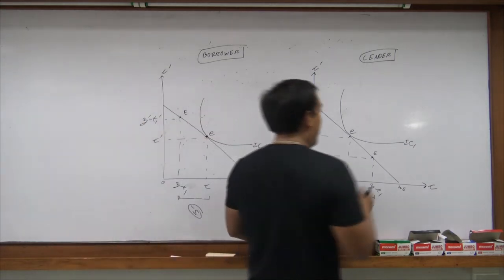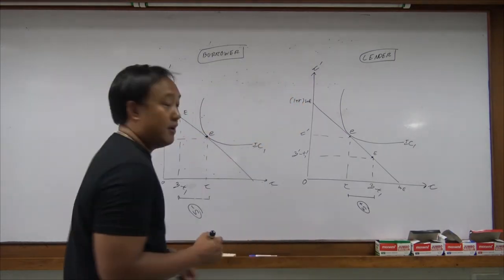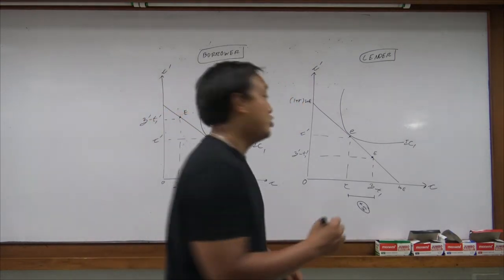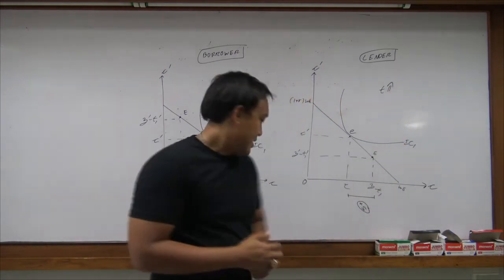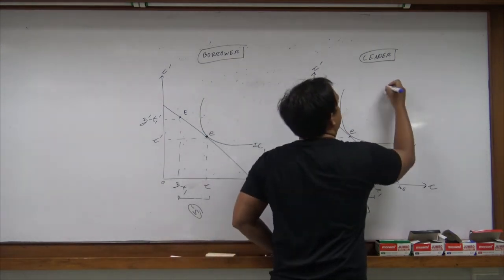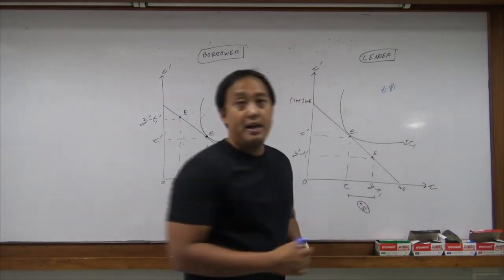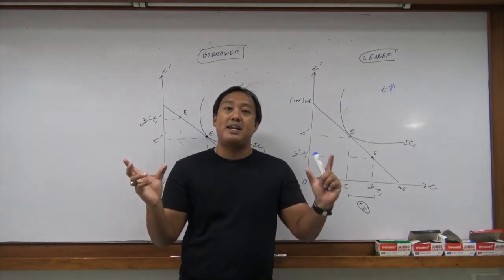For example, in this case, if the government increases tax today, I'm gonna change to the blue color. If the government increases tax today, what does it mean? Remember, we have the lifetime tax equation equal to the lifetime government spending equation.